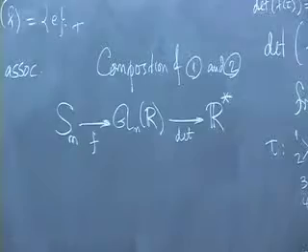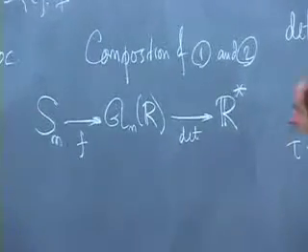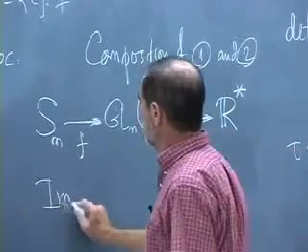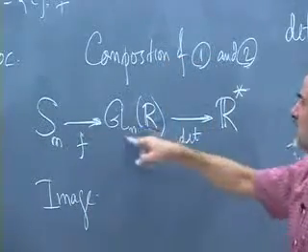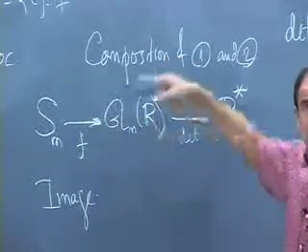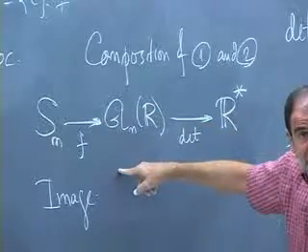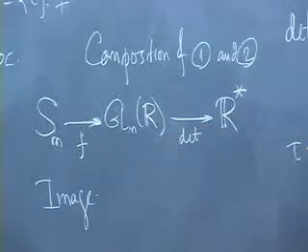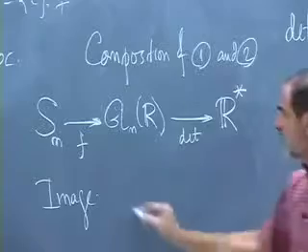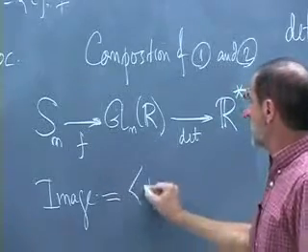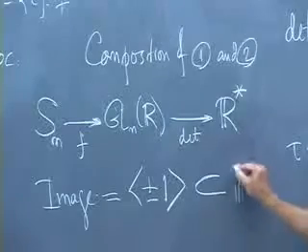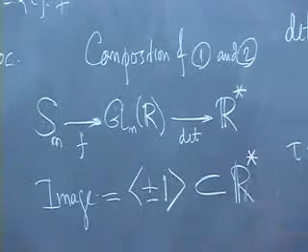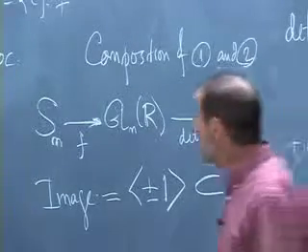Now what's the image and the kernel? The image is not all of R star, because the image of f was not all the matrices here. It was just the permutation matrices. And we saw that the determinant of a permutation matrix is plus or minus 1. So the image is the subgroup plus or minus 1 inside of R star. And the kernel, now we have a kernel.